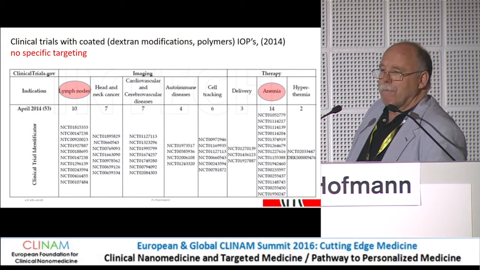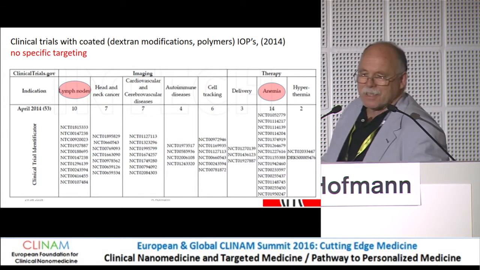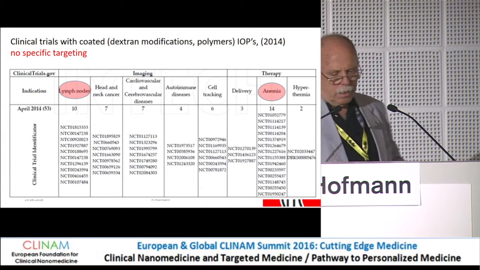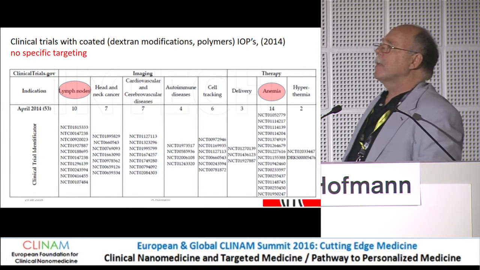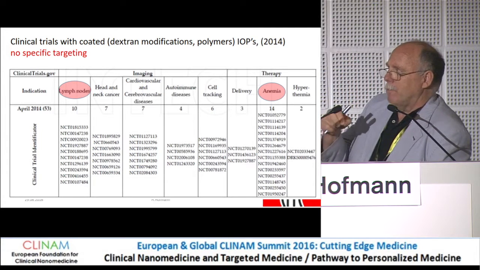For applications in lymph node detection, head and neck cancer detection, cardiovascular disease, autoimmune disease a little bit, cell tracking, stem cell tracking, delivery, not a lot, mostly gene delivery. Anemia is one of the most interesting areas, used since a long time, but in this case it's not really, in this sense, nano, because they are not using physical properties which are coming from the nanoparticle.